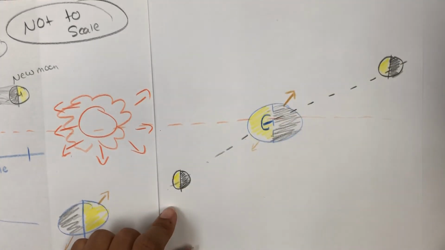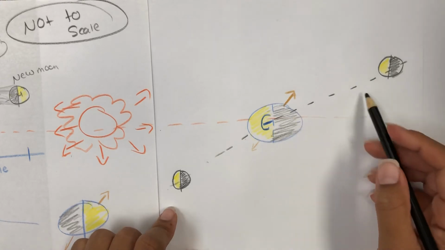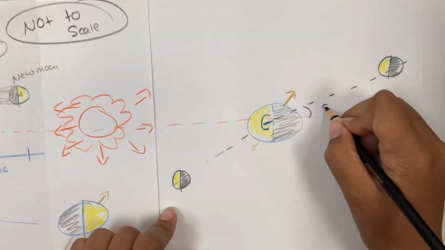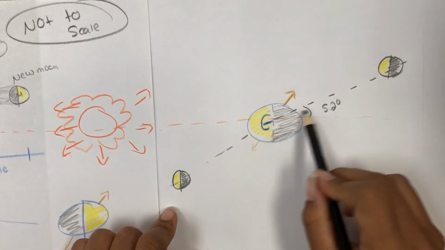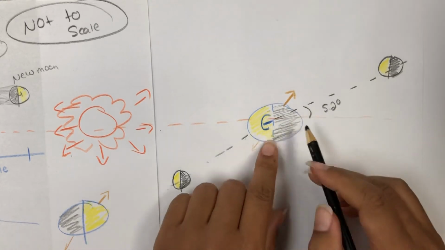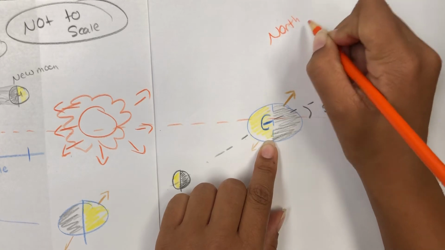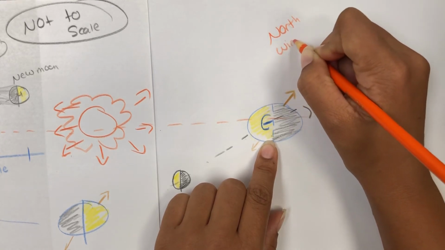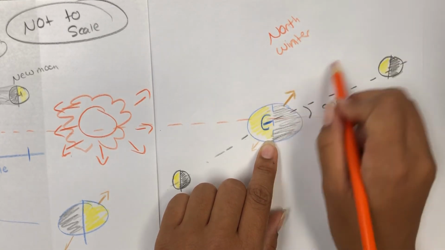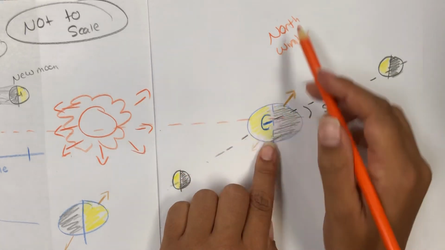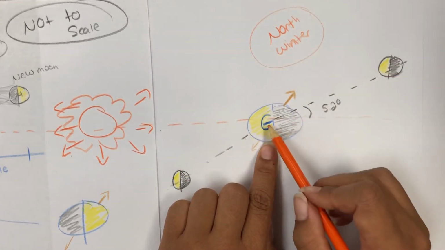Okay. From Earth's perspective, oh, and here's the angle, 5.2 degrees. This is now for the northern hemisphere. This is winter, remember? Because the axis is pointed away from the sun for the northern hemisphere.